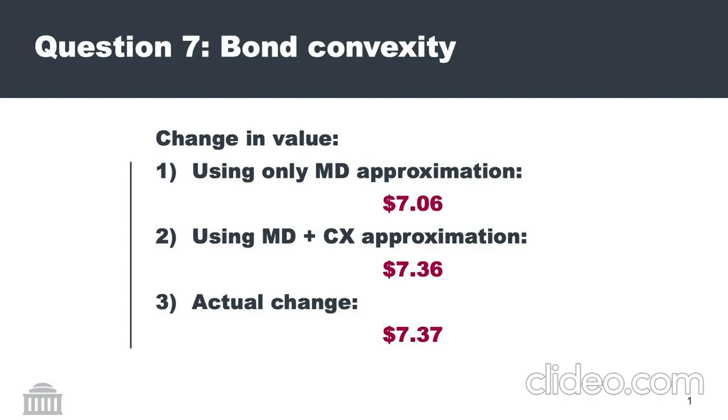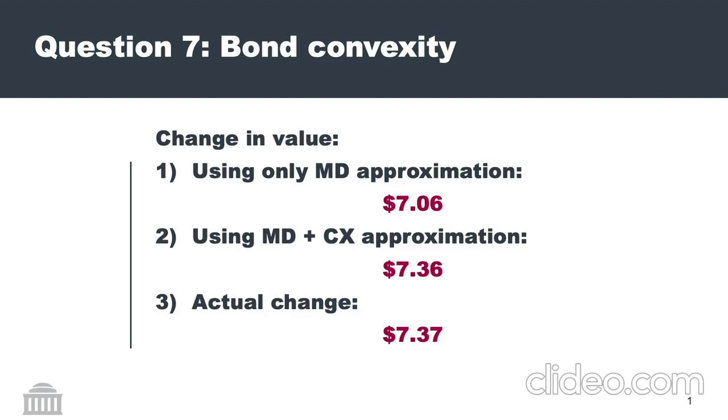Now you can see how remarkably close the second order approximation is to the actual change in the price of the bond. This is because the price of the bond as a function of yield to maturity is a convex function.